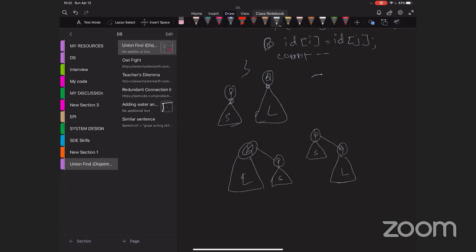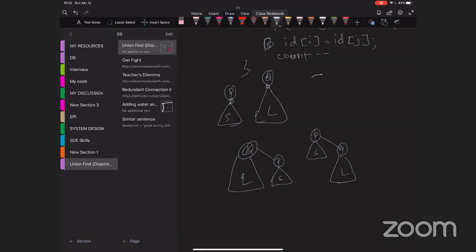So which one is more efficient? The first one, because we're not increasing the depth of the tree.